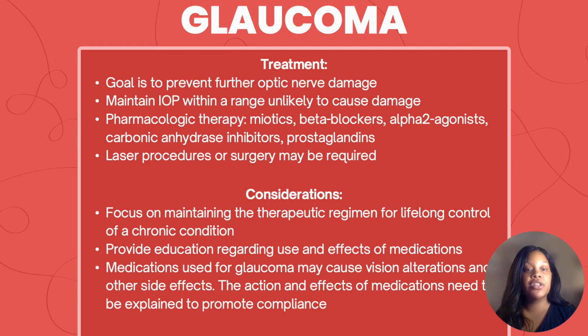But considerations: focus on maintaining a therapeutic regimen for lifelong control. So tell your patient, hey, you are going to need to follow these medications for the rest of your life. You want to give them education on the medications regarding the use and the effects of the medications. And you just want to make sure that your patient knows about the medications that can be used for glaucoma.